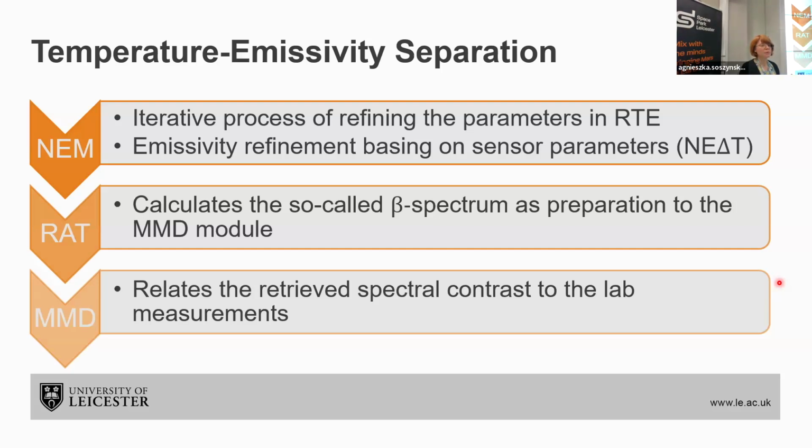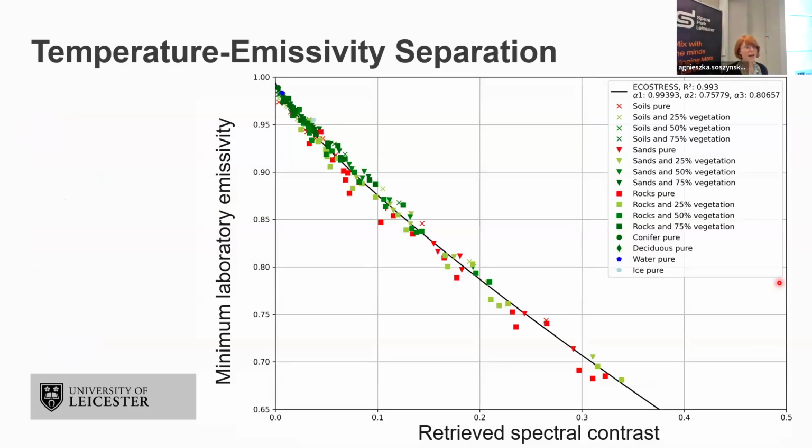So the minimum maximum difference is then related to what we measured in the lab. And here's what it looks like. We have on the y-axis minimum laboratory measured emissivity per choice of samples.